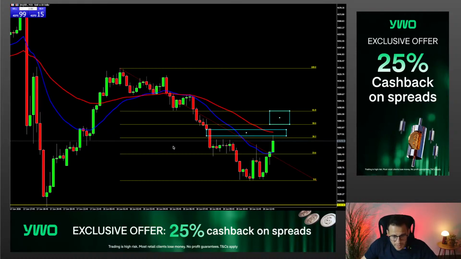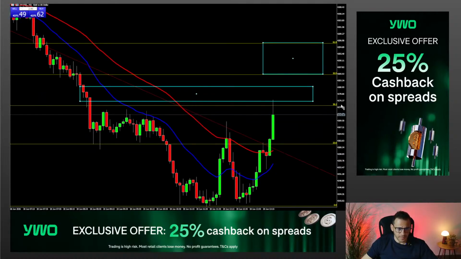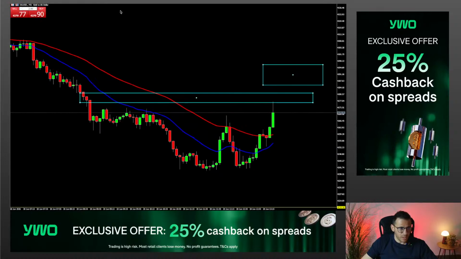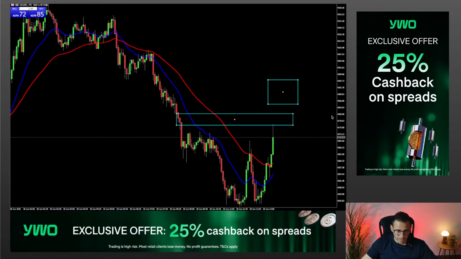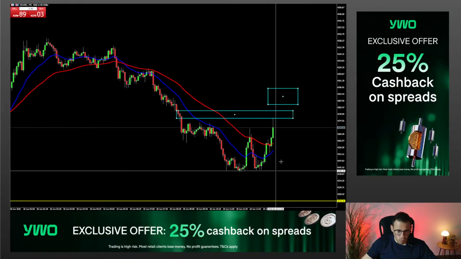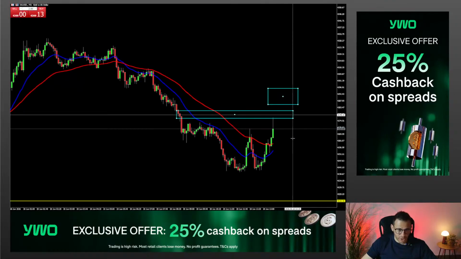So let's stay aware. Now I'm down on the 5-minute chart, so I can see the zones a bit better. Delete the Fibonacci, we don't need it anymore actually. Let's see if we're gonna get the rejections here.